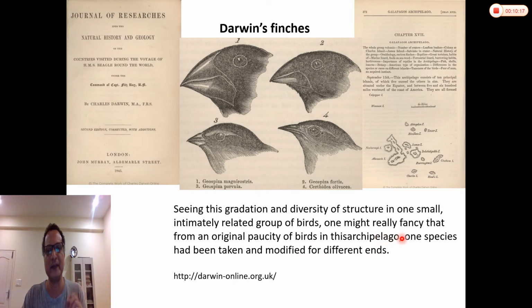Okay, one might really fancy that from an original paucity of birds in this archipelago, one species has been taken and modified to different ends, right? So what he's basically saying is that there was probably a single colonization of these islands by the ancestor of all the finches we see there today, and then because there was paucity of birds there, there were not many species of birds already existing there, so there were many open niches. So this lineage then underwent diversification, right?